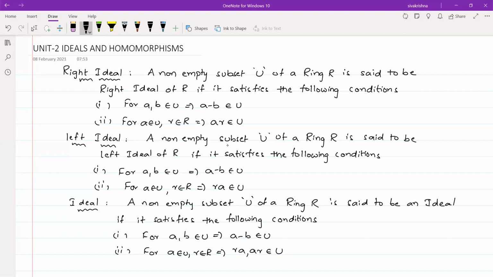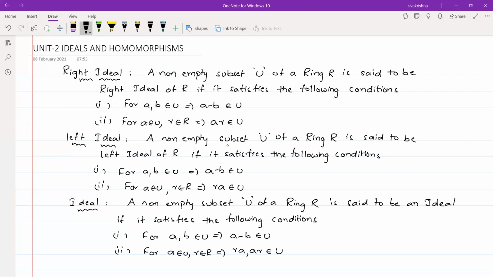If only ar belongs to capital U, we say that ideal is a right ideal. Similarly, if only ra belongs to capital U, we say that ideal is a left ideal. So please keep it in mind that if ar belongs to U, since r is on the right side of the element small a, we call that ideal a right ideal.